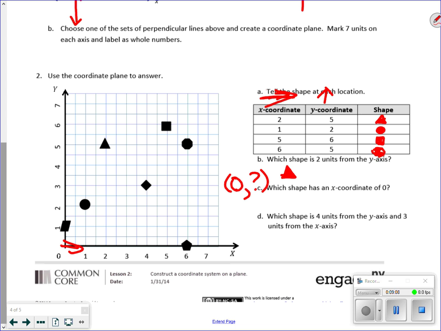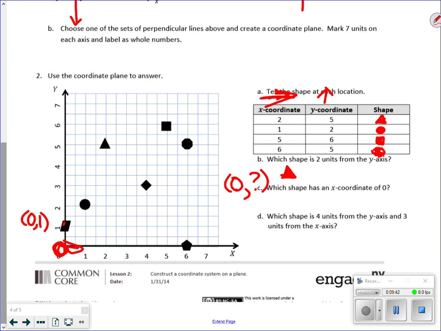Up. So this right here is my origin. This is your 0 line. So I'm not going to the right at all. I'm only going up. One spot. So this, the rhombus, is actually X of 0, Y of 1. You don't go to the right at all. You just go up to the 1.